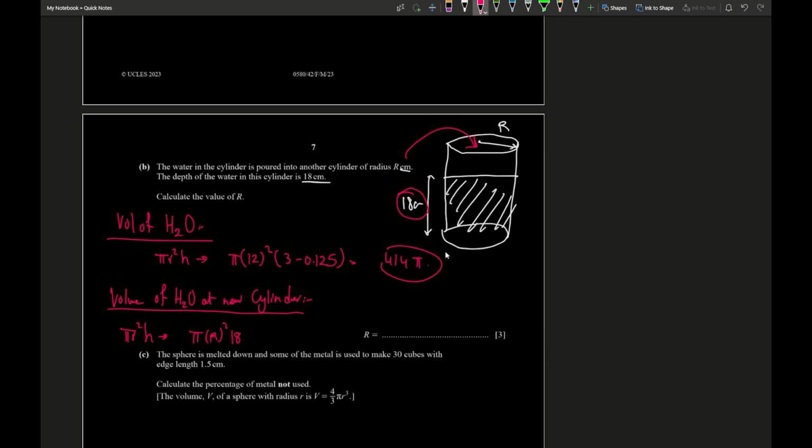So 414 pi should be equal to pi r square times 18. Let's write here 414 pi is equal to 18 pi r square.